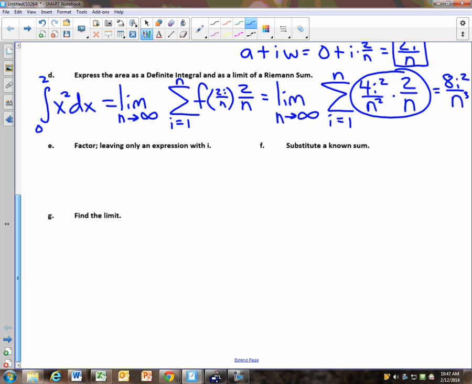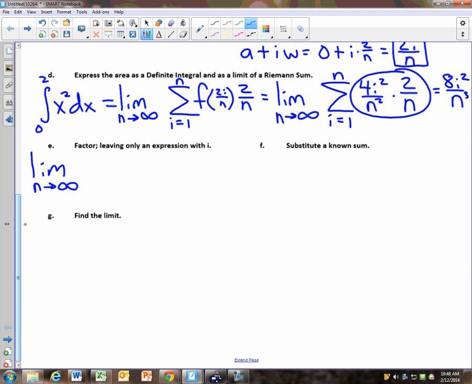So, here's what you do. We've got two variables, and we need to get rid of one. And we want to focus on this n piece. We're going to make the I go away here in just a second. And the way that we do that is everything that doesn't have an I is going to get factored out. So I'm going to rewrite this as follows. The limit as n goes to infinity. Remember, do we know how to evaluate infinite limits? We've done it.